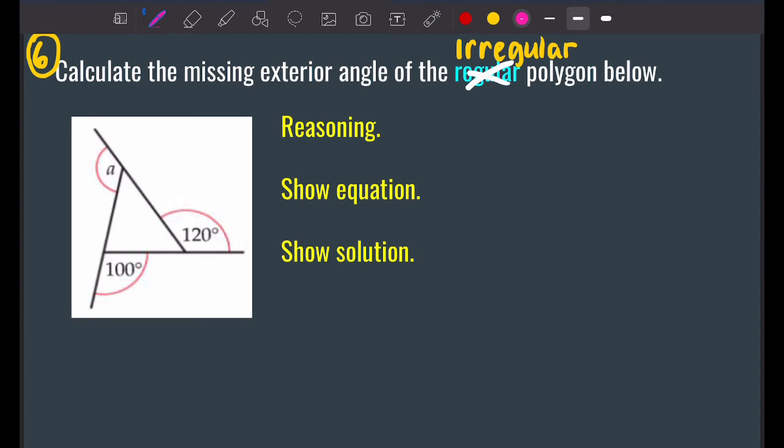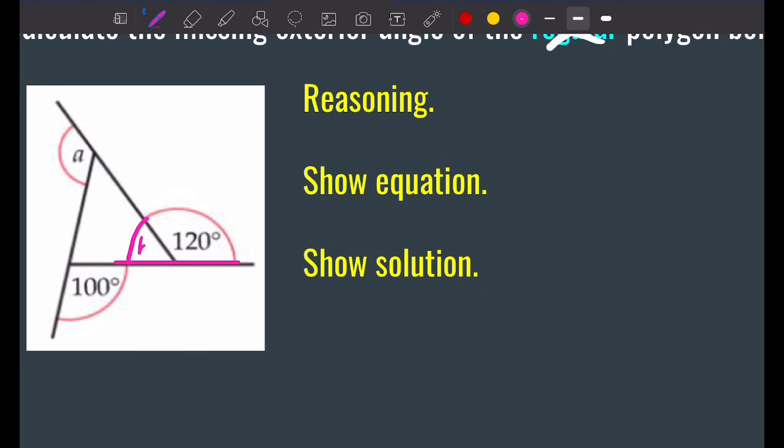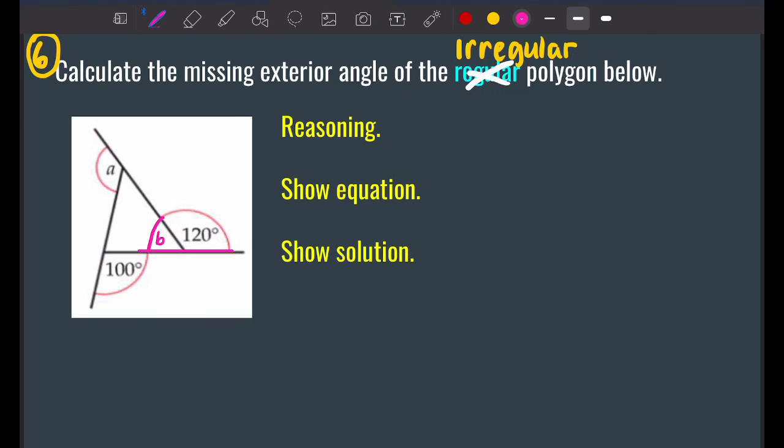So let's look at this. What past knowledge can we use to solve this? Look at that. If I continue the line over there, you will see that these two angles are on a straight line. So let's name this angle B. If there's no variable, you can very easily put your own. What do we know about this?